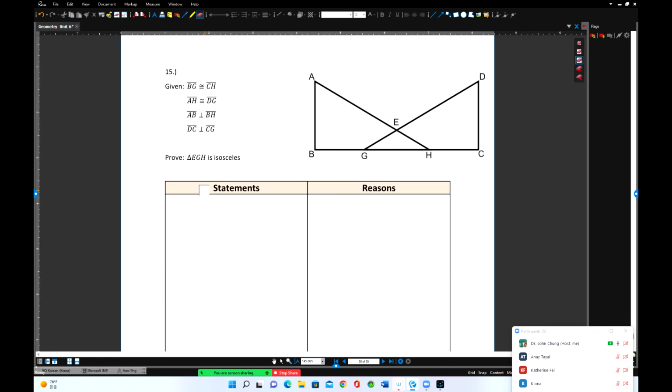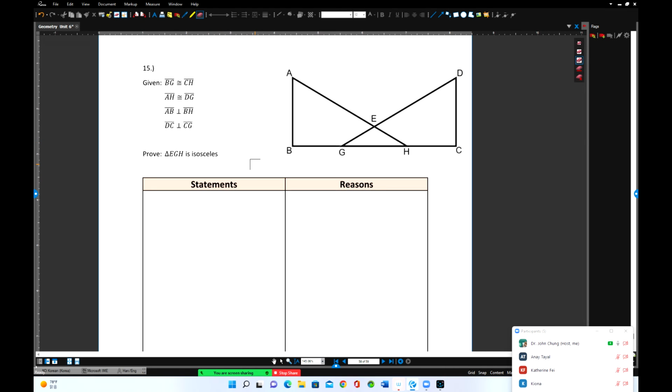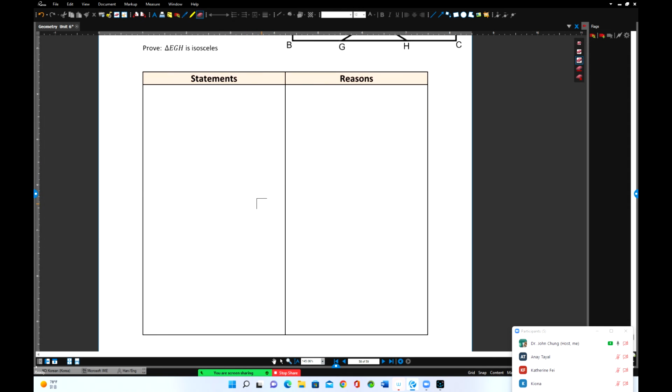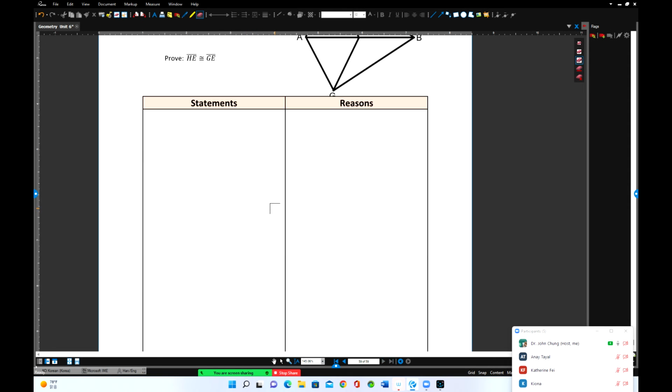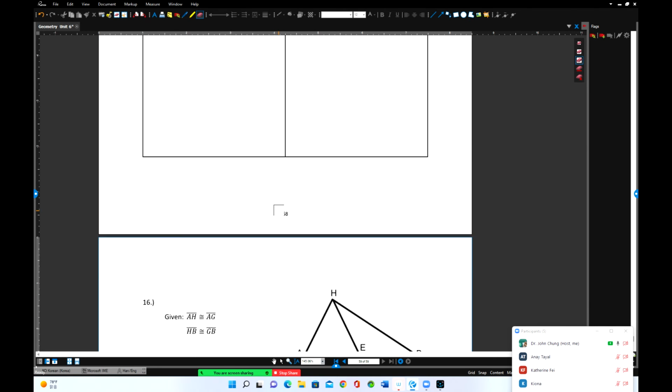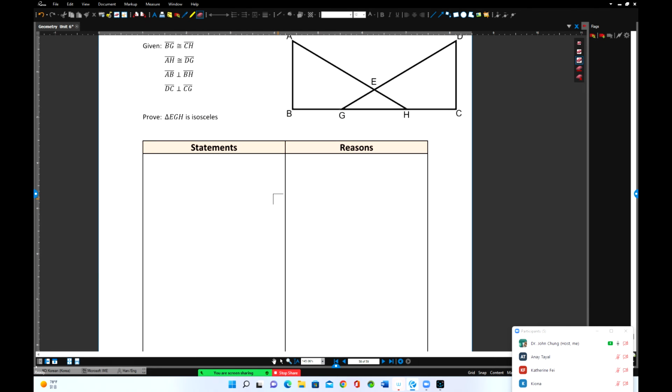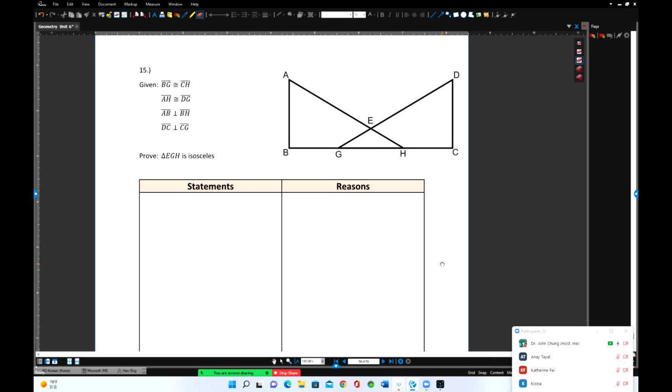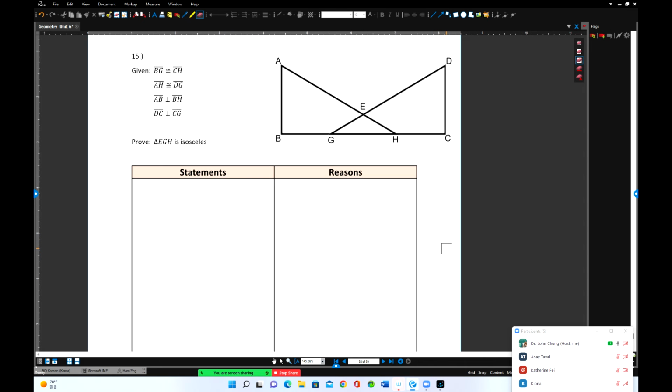Over here, we have one proof. We're going to try this one today. Another one over here, number 15 and 16. After this, we'll finish our geometry class. All right, the given over here, I'm going to use black.